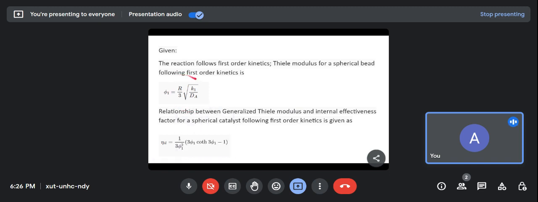In this case, it is this formula, and the relationship between the generalized Thiele modulus and internal effectiveness factor for a spherical catalyst following first order kinetics is given by this formula, right?